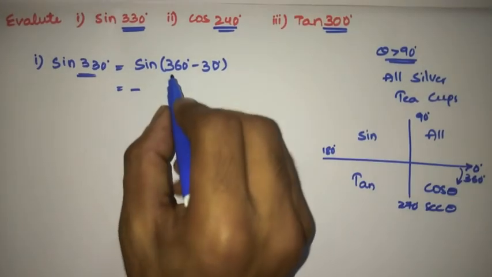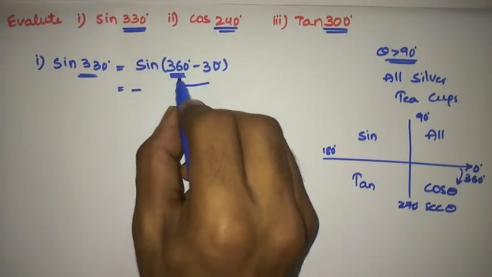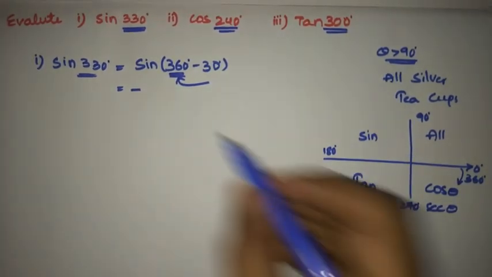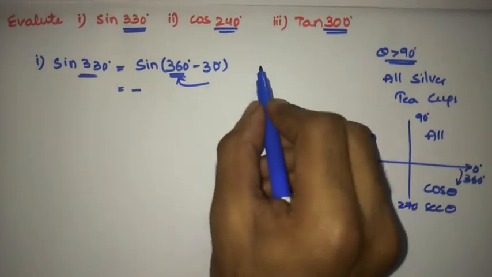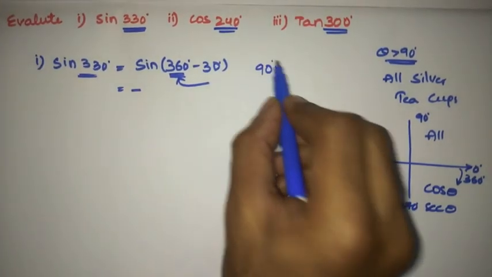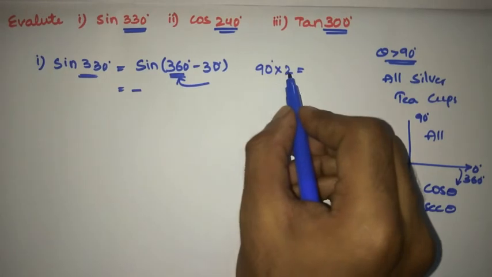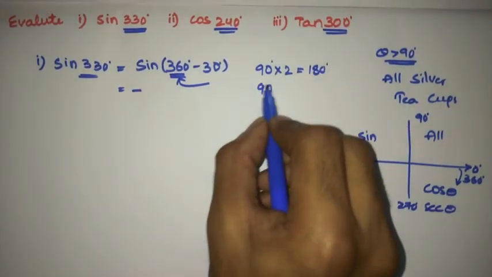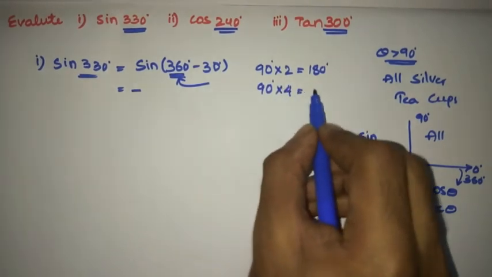Next, we have to check this angle. This angle is not an odd multiple of 90, so it is an even multiple of 90. That means we need to multiply an even number with 90 degrees. Even numbers: 2 gives 180 degrees, the next number is 4, so it is 360.